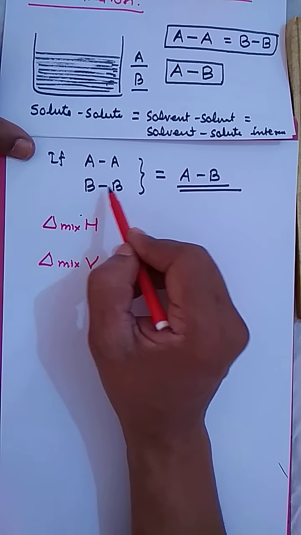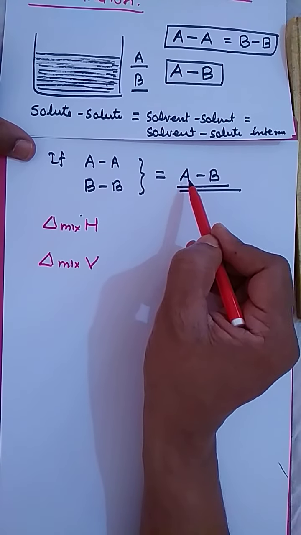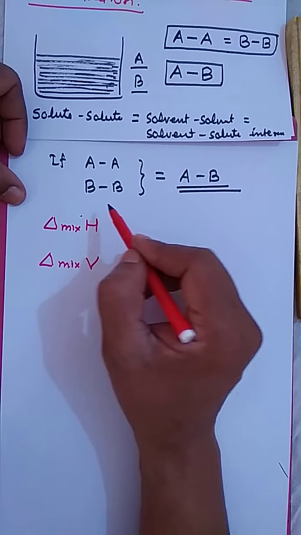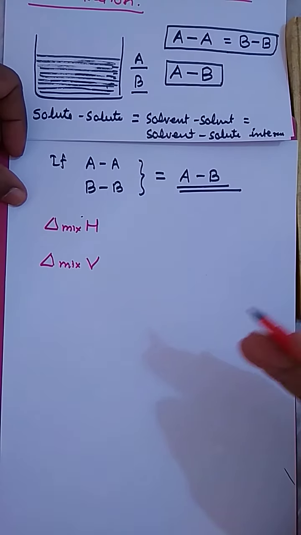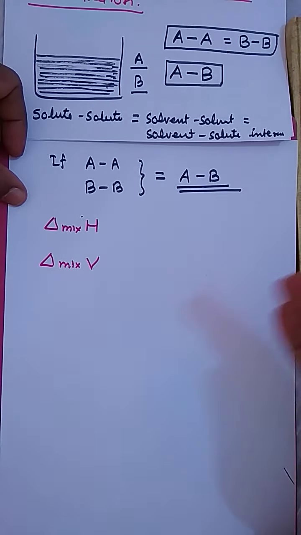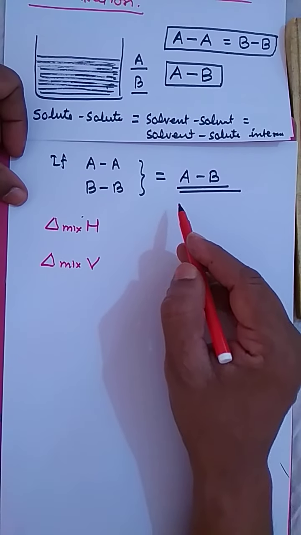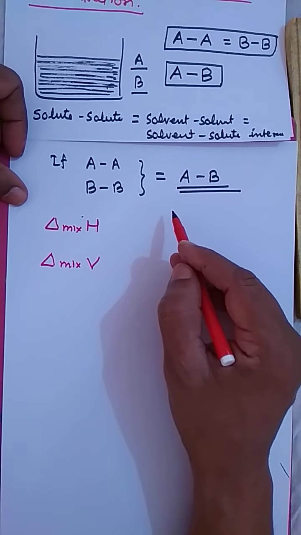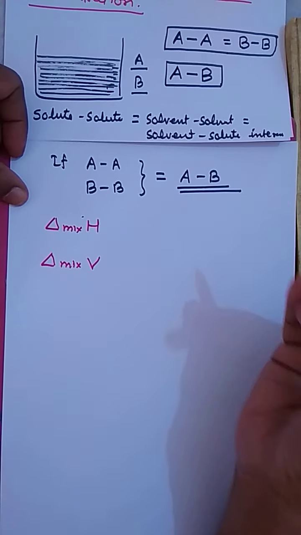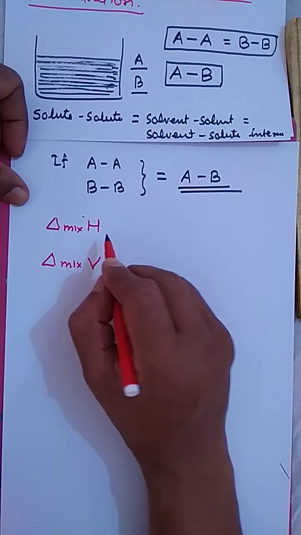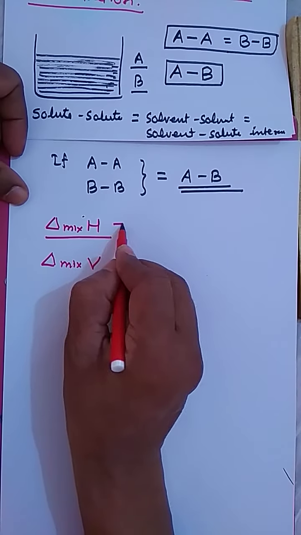Interaction between A and B is equal to interaction between A and A. So there is no case of bond formation, breaking of bond, or strengthening of bond, right? So delta H is 0.